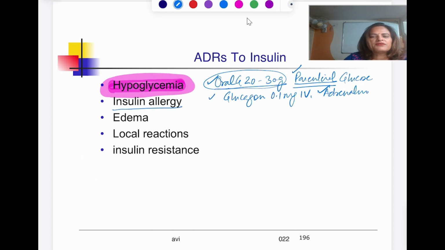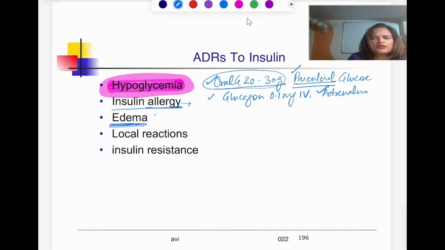Then the second adverse effect is insulin allergy. This is usually seen with the conventional preparation, where various proteins and contaminants are there. So patient will go for urticaria, angioedema, and anaphylaxis. So any patient who tells about allergy, switch over to the human insulin. Edema is because of sodium retention, for a very short time when the person starts with the insulin, because insulin has sodium retaining ability.